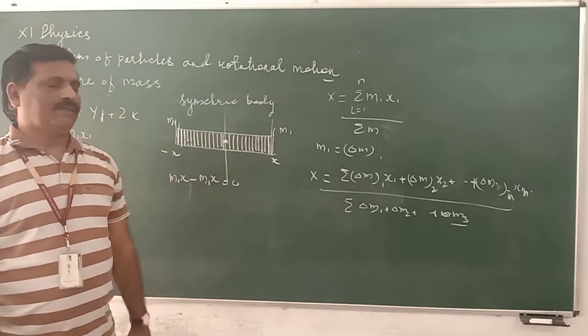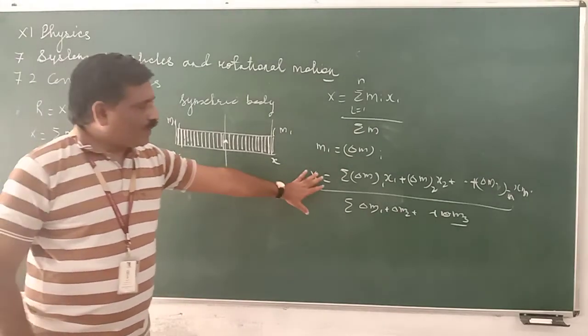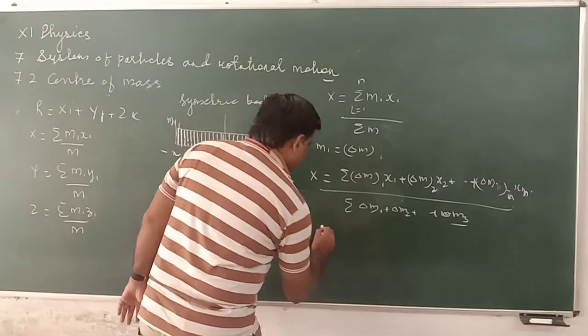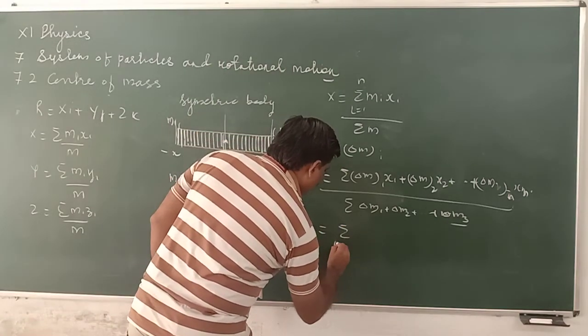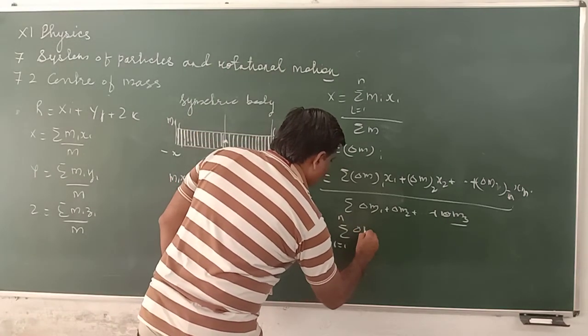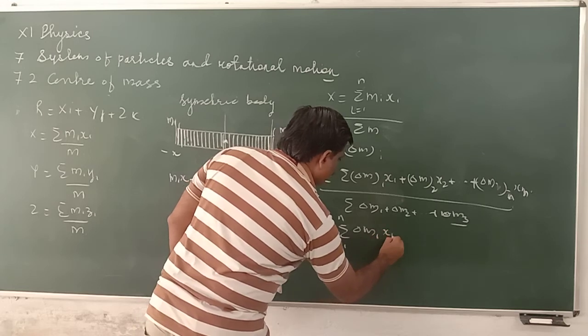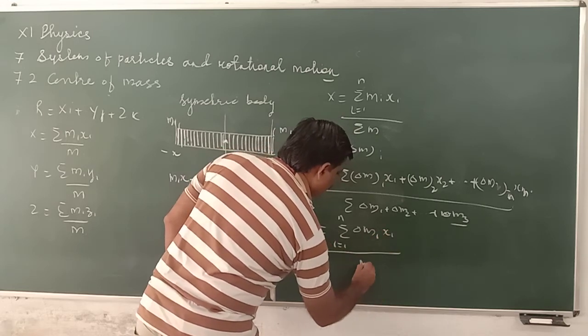It becomes summation i goes from 1 to n, delta mi xi divided by capital M.